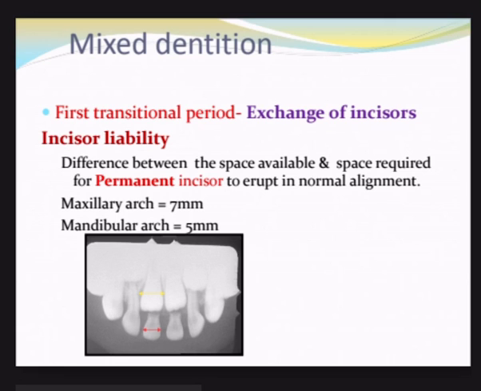In primary teeth, the interincisal angulation is said to be around 150 degrees. But when the permanent incisors erupt, they erupt at an angle of 123 degrees. I have typed it in the chat box. So 123 means there is more proclination, and this proclination will also allow the incisors to be accommodated in the arch.